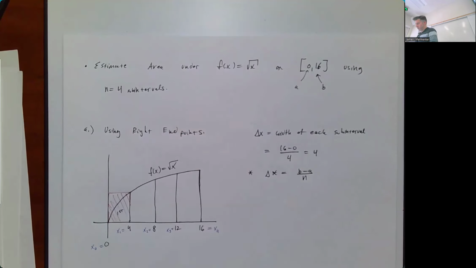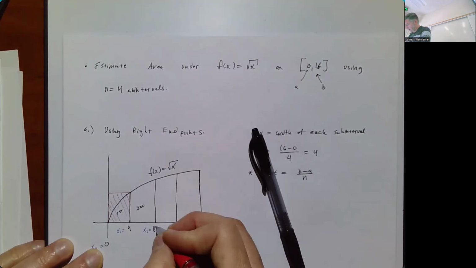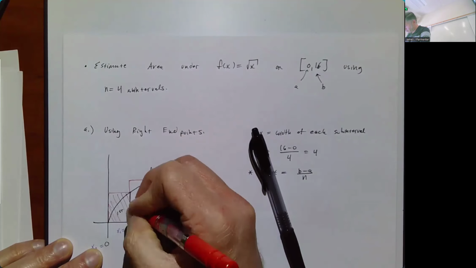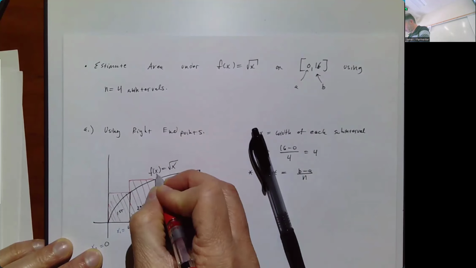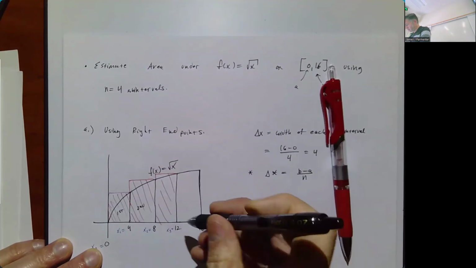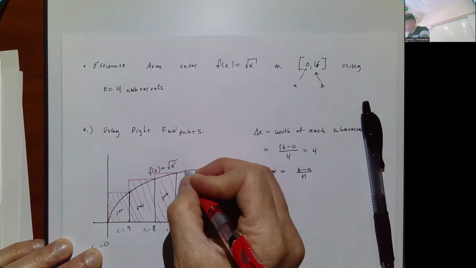Same deal for the second subinterval. I'm going to use the right endpoint, find the height, draw the rectangle. Same deal with the third subinterval. For the fourth subinterval, I'm going to find the height, draw the rectangle.